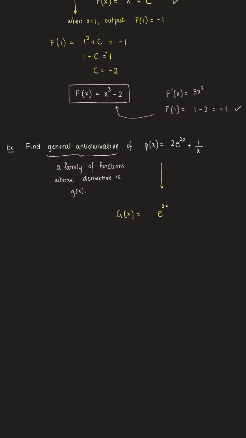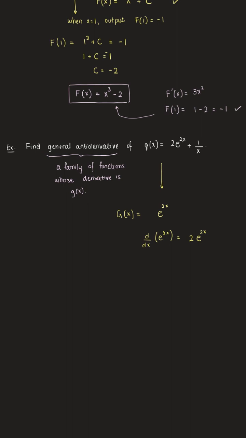Let's think about the derivative of e to the 2x. This is a composition, so if we apply the chain rule, the derivative of e to the 2x will be itself, but we have a function in the exponent here, 2x, whose derivative is 2.